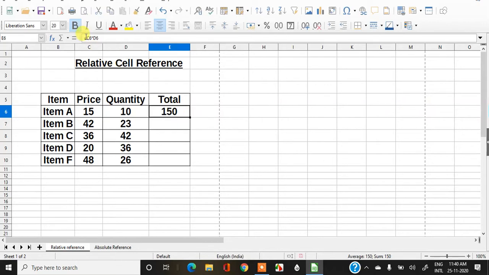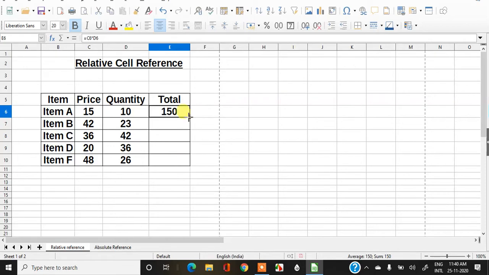So the formula is equal to C6 times D6. C6 is the price, which is 15, and D6 is the quantity, 10, and the result of the multiplication is 150. This is the simple formula. But if we want to apply the same formula in the remaining cells, what do I have to do?